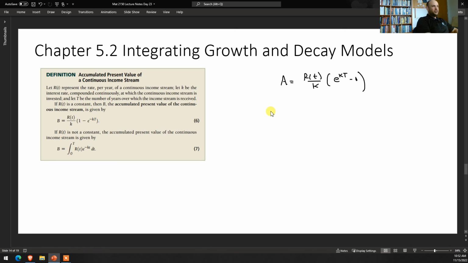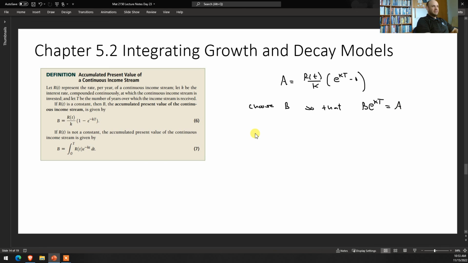And so now we want to choose our B so that B times e to the kt is equal to A. So how much money did we need to start with, the principal amount, to apply continuous interest and to get this accumulated future value?